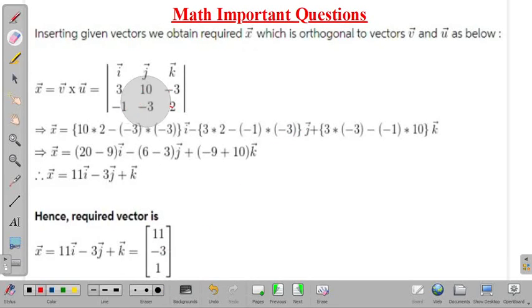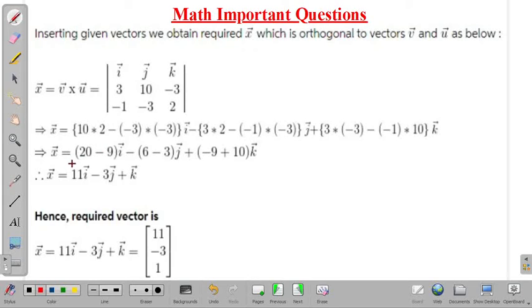Next we write plus k cap, k cap is here, and then for k cap we need to leave this column and we multiply 3 into minus 3 and then subtract the product of 10 and minus 1. Okay, so like this we can find the value of a determinant.